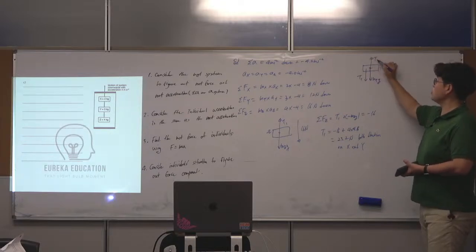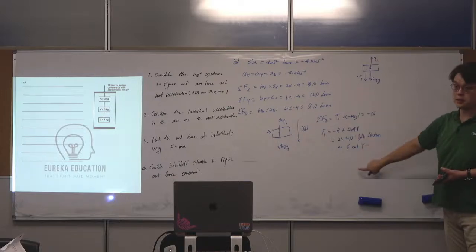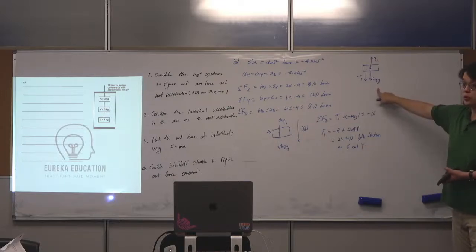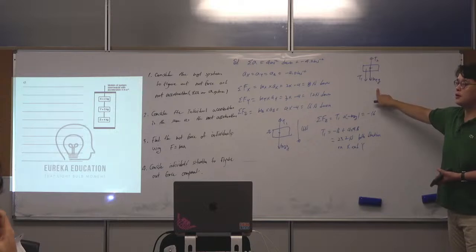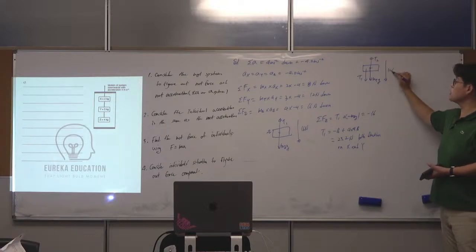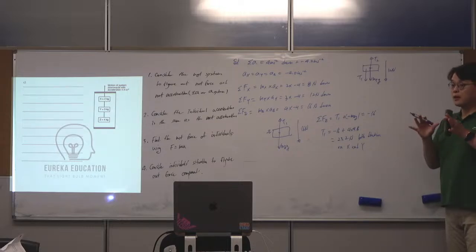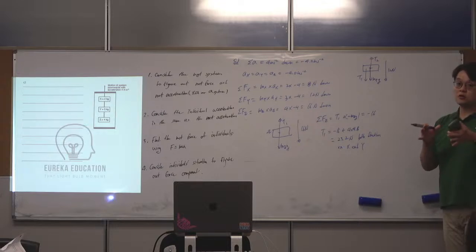Then we have a T2 moving up here. Now, do we know what the T1 is? We found it from the previous one. Do we know what the mYg is? We do. What about the net force? 12 newtons down. Okay, we have 12 newtons down here like this. Just be careful with all the directions, because having the positive and negative direction makes a big difference in your values later on too.